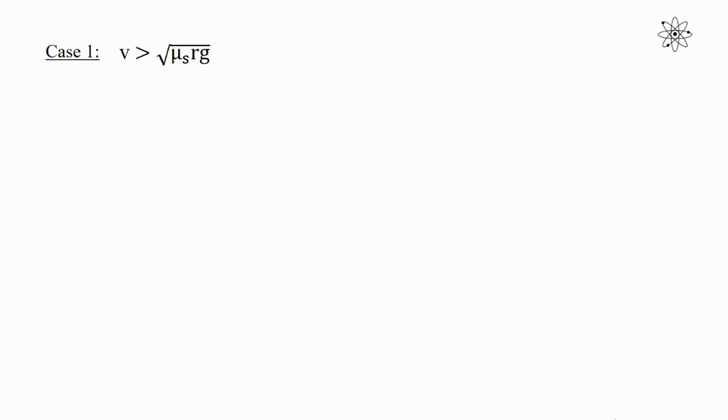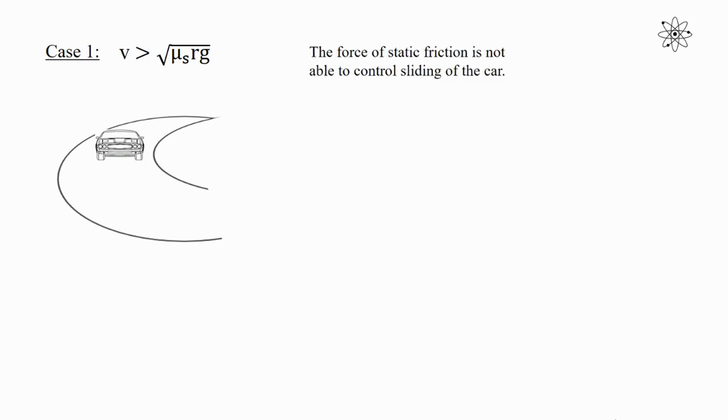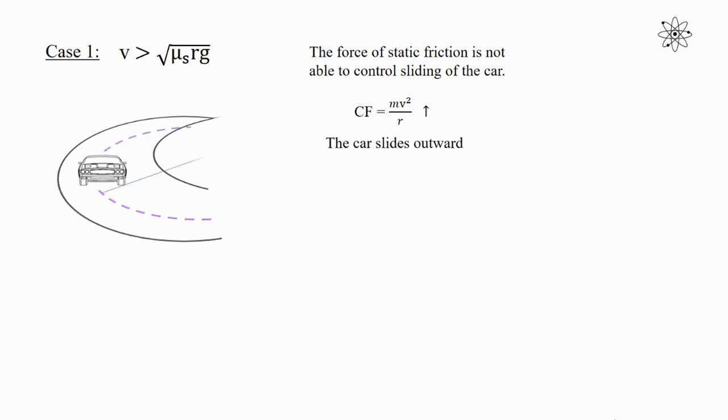Case 1. If the speed of the car is increased more than v max, the force of static friction is not able to control sliding of the car. It means the centrifugal force is not balanced properly by the centripetal force provided by the force of static friction. Hence, the centrifugal force increases. Because of that, as you can see student, the car slides outward, which increases the radius of the circular path.